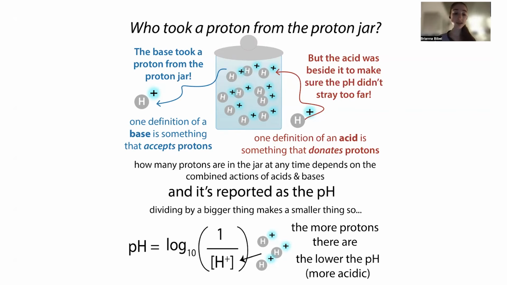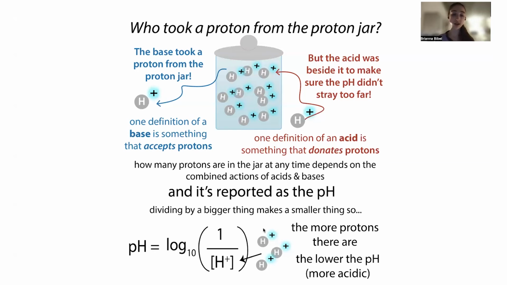Now, what's kind of confusing is that a low pH is going to be a higher concentration of protons, more acidic. And a high pH is going to be a lower concentration of protons, more basic or alkaline. The reason for this is because it's this inverse log thing.